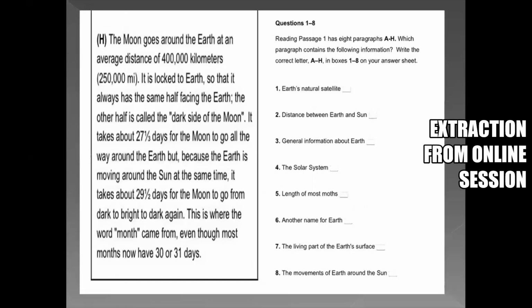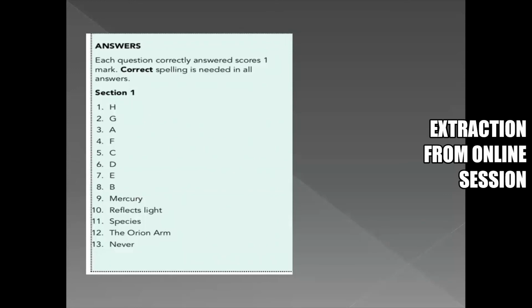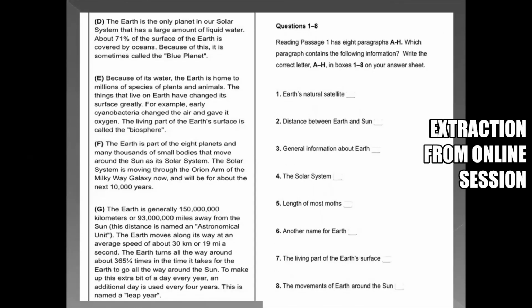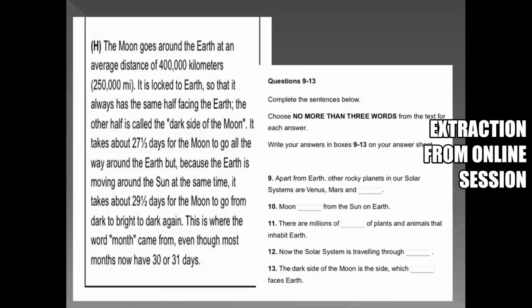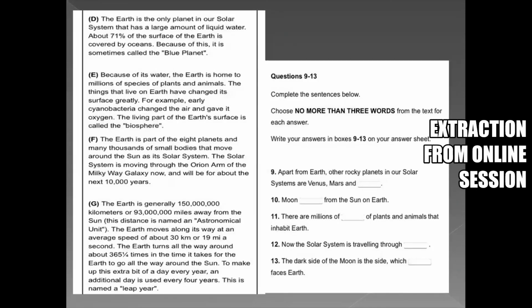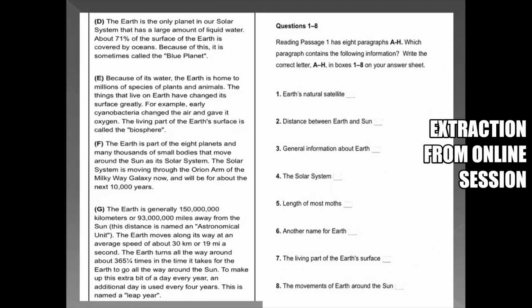We were earlier doing it together with H. Now 6 is D. 6 is another name for Earth. Last line of D, blue planet. Verify. 7 is E. Yes, so 7 is E. One more, 7 is A. The living part of the earth.